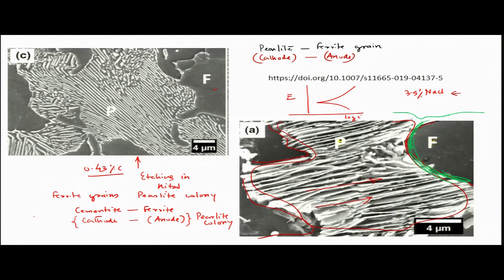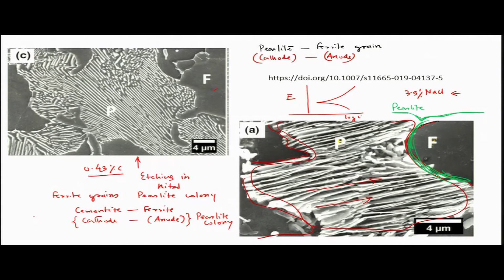So, this is the pearlite depth, and in the contact point region, the depth has gone back, this is on the same level, but in the area where pearlite colony and ferrite grains are in contact, there we have a good amount of dissolution that has happened quite a good distance, and then gradually the distance has gone up and then finally the ferrite grain again becomes almost of the same level as pearlite level.